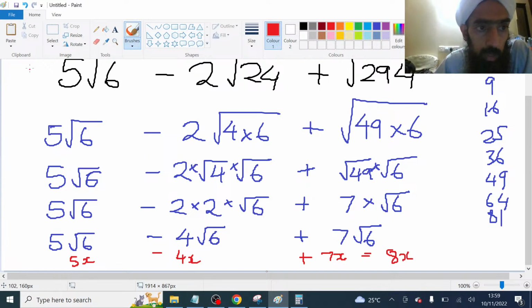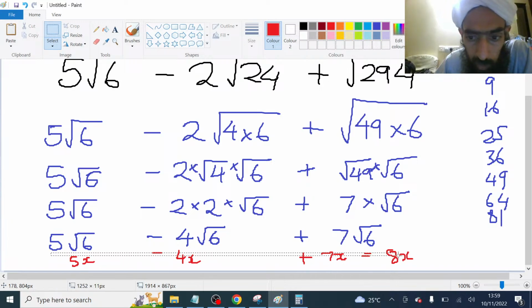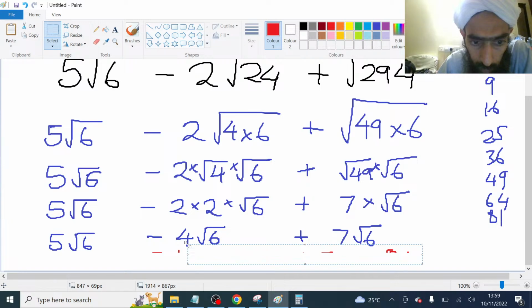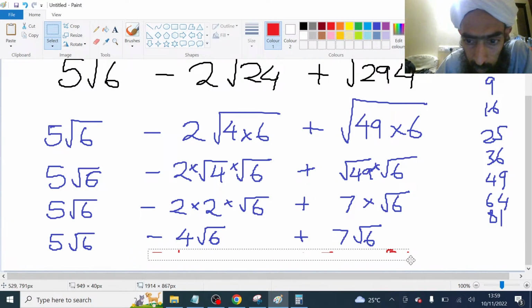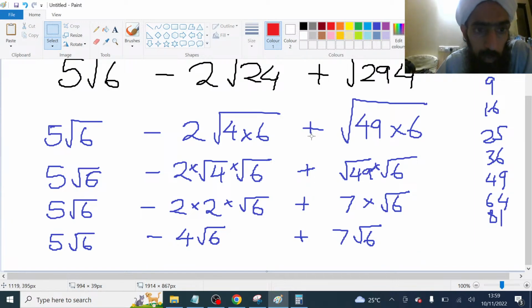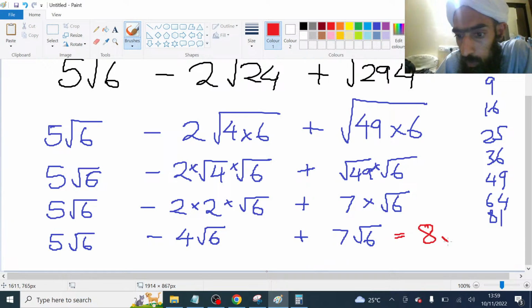So similarly, you can do the same thing, add and take away with square roots, as long as it's the same number in the square root. So here we've got root 6 is the same number. So if I've got 5 of them, then I take away 4 of them, then I add 7 of them, then in the end I end up with 8 of them. 8 of what? 8 root 6's. Okay, and that is the final answer.